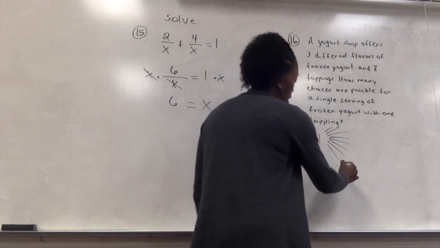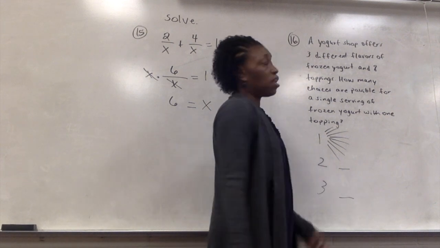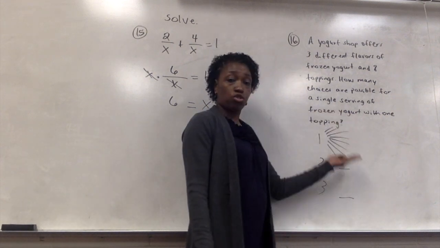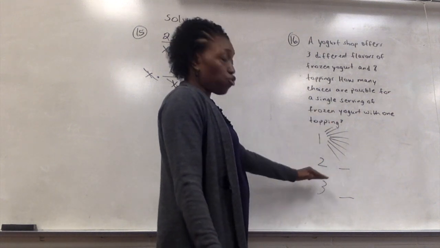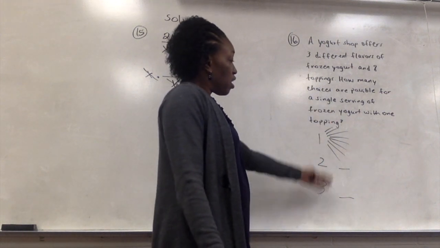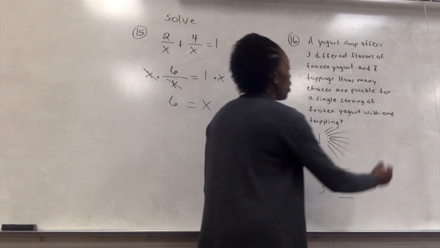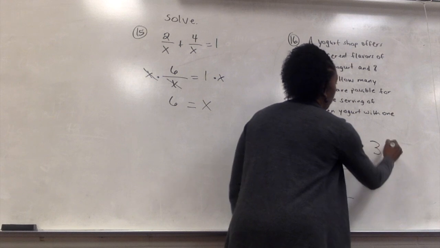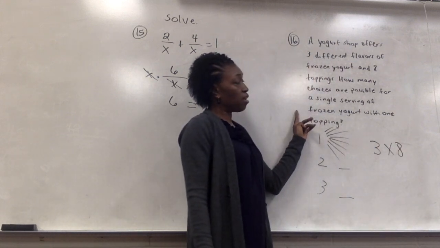And if I repeat that process here, it's going to give me my 8 toppings and my 8 toppings. Now, this is a lot of work to draw it out, to do the diagram. But if you don't understand what your outcomes are going to look like, it is best to write them all the way out.